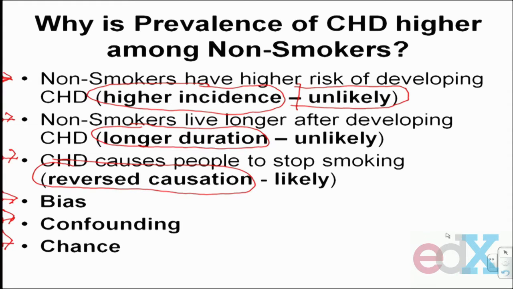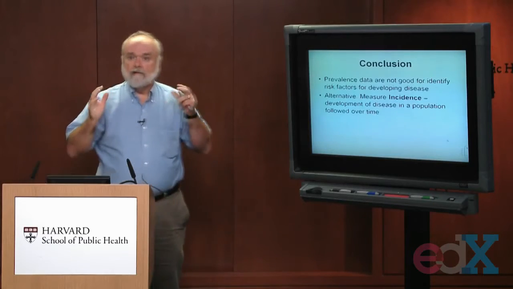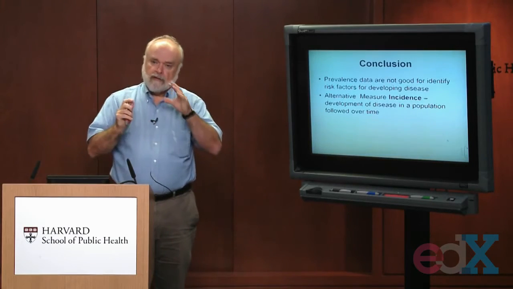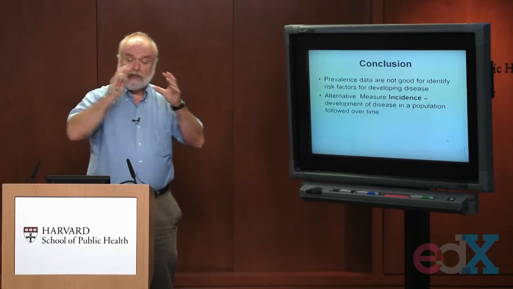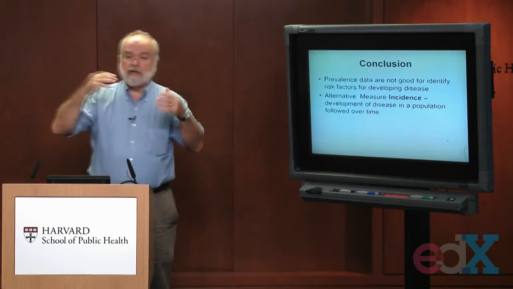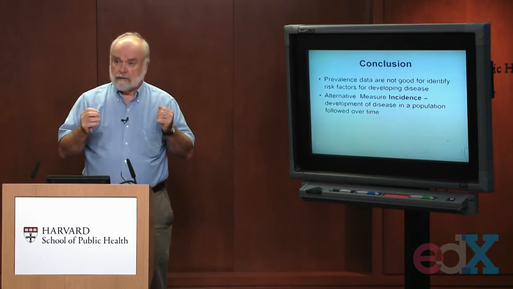All 3 of these topics will be discussed in more detail in this class. I'll be talking about the role of bias and confounding later in this course. Marcello will be talking more about the role of statistical chance. But this is the problem we're faced with when we have prevalent data. And this is the conclusion we might reach, that whenever you report that the prevalence of disease is higher in one group than another group, you have this potential of multiple explanations.